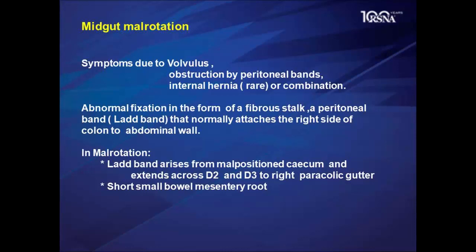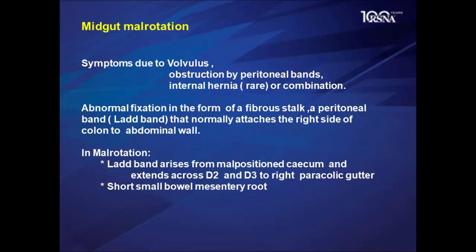And the symptoms are related to the mechanical obstruction, suddenly with a volvulus, or because of the presence of peritoneal bands. Rarely the bowel loops are actually involved in an internal hernia, or there may be a combination of these.